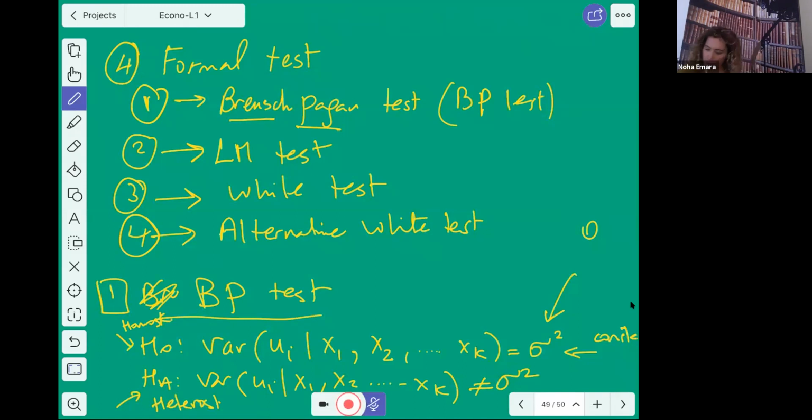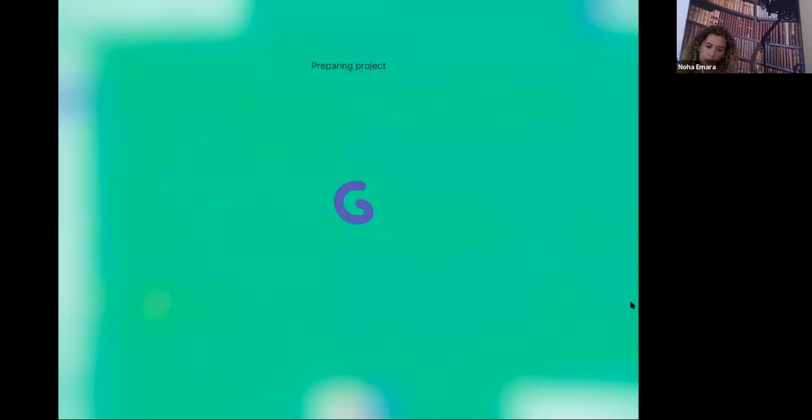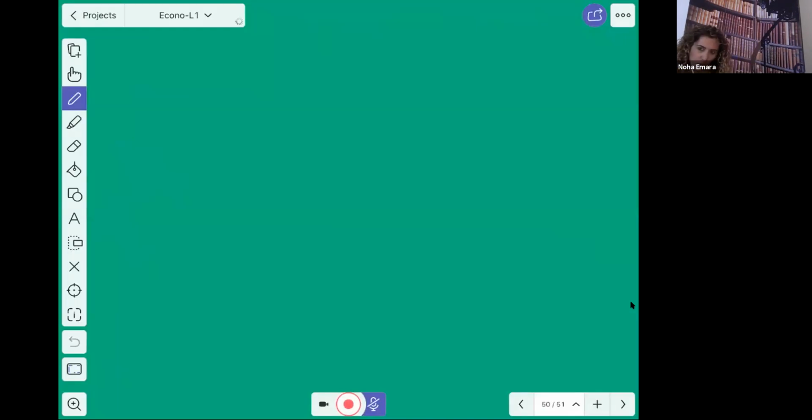So how can I do this test? In order to do this test, you're going to run a certain regression, similar to the one I mentioned in the previous slide.